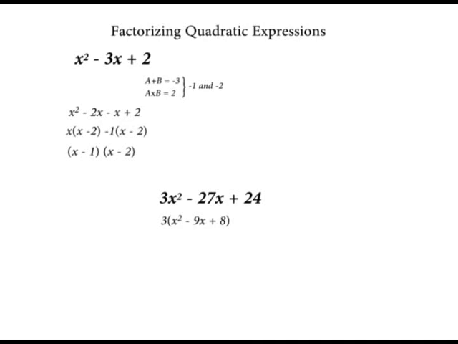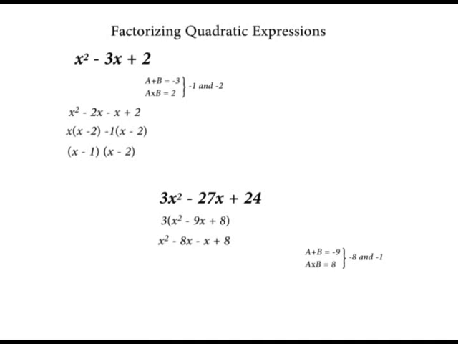X squared minus 9x plus 8. We find the two numbers. A plus b should give us minus 9, and the same a times b should give us 8. Those numbers are minus 8 and minus 1. So we rewrite the expression x squared minus 8x minus x plus 8.